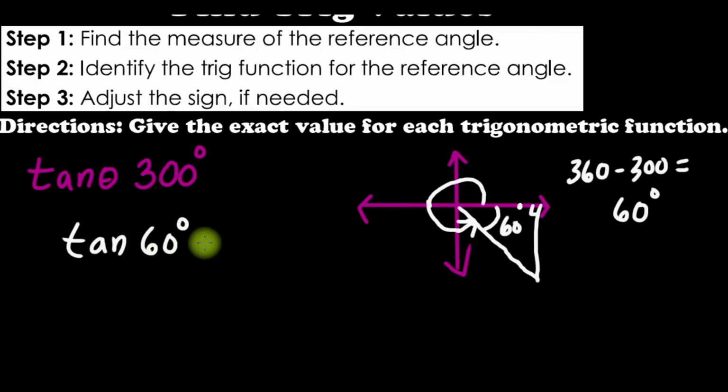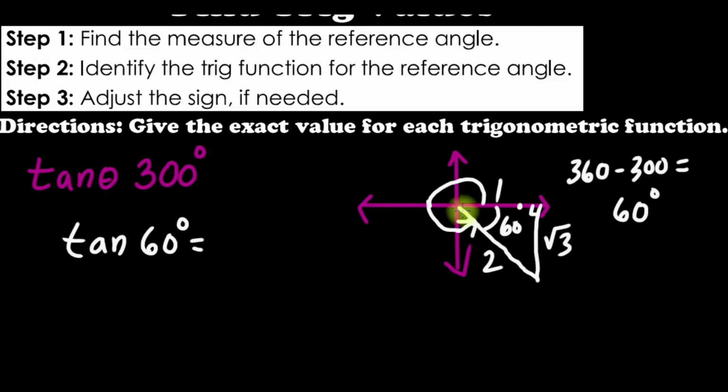The only thing that's going to change is that because it's in the fourth quadrant, the sign for tangent is going to be negative. Tangent of 60 degrees: this side is root 3, this is 1, this is 2.